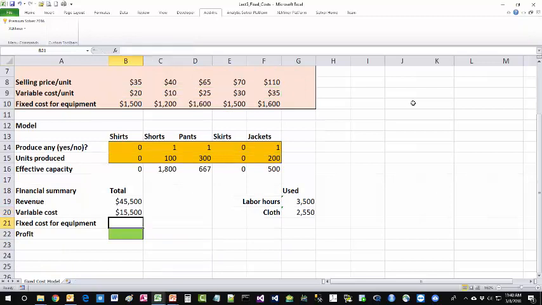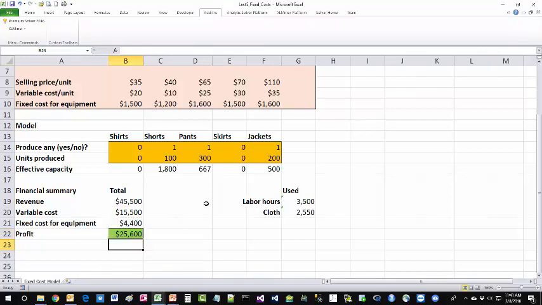The fixed cost is associated with the decision to produce in a particular line or not, a sum product with the fixed cost for that product line. So it's going to pick up 1,200, 1,600, and this 1,600 for these 3 production lines. Then the profit will be the revenue minus the variable and minus the fixed cost.